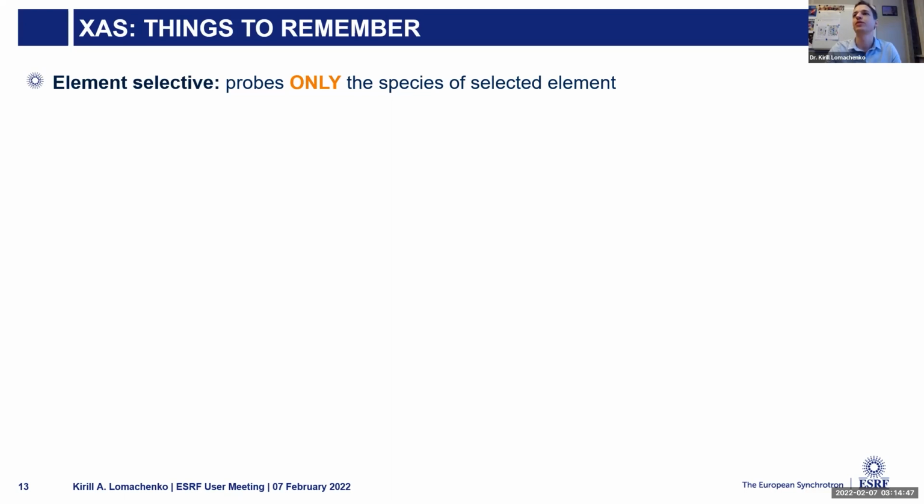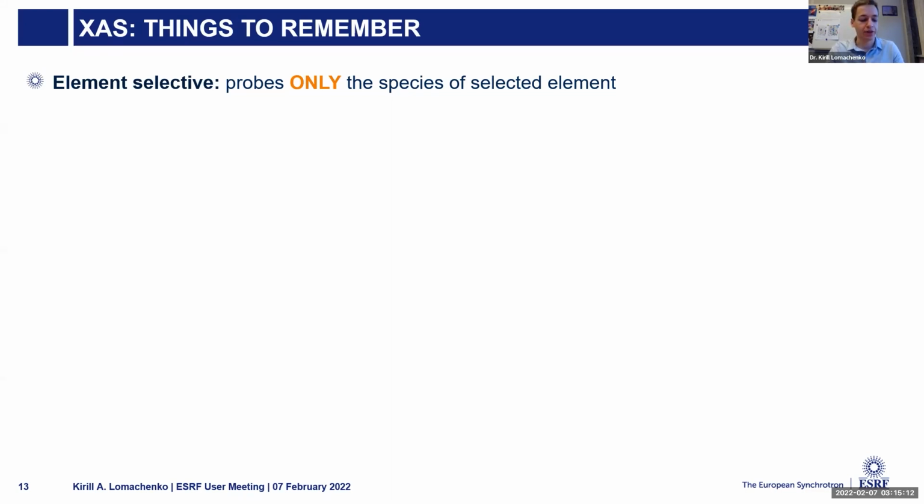You see their neighbors, but you don't see anything that is further away than, let's say, 5, maybe 7 angstrom from it. You see only the local environment of a particular species of the chemical element whose edge you measure.